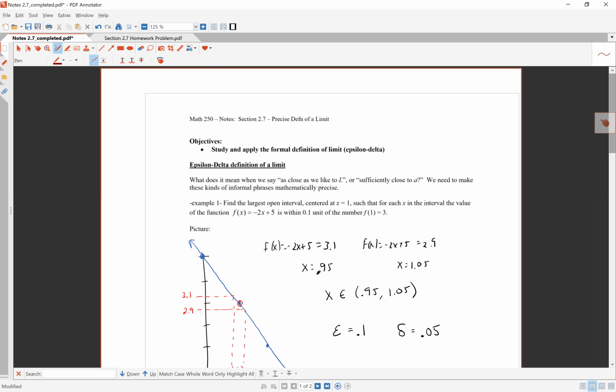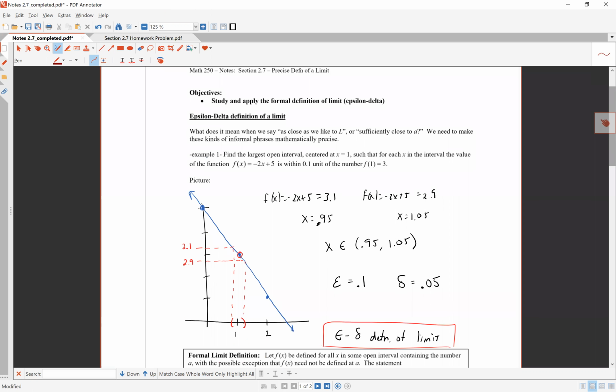Okay, so here we see this drawing of the line, minus 2x plus 5, and you can see that at 1, the function is equal to 3.